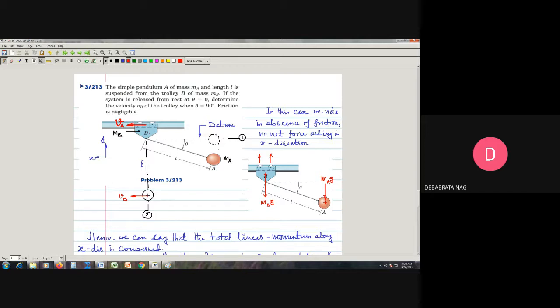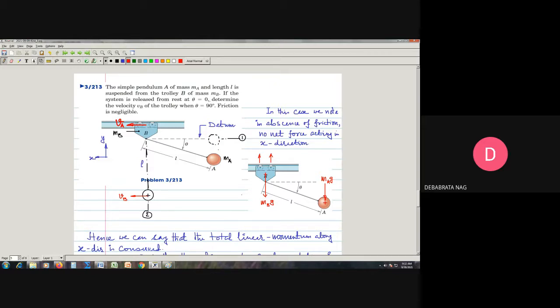The mass of the bob of the pendulum is mentioned to be equal to ma. Now it is saying that the system is released from the condition of rest at theta equal to 0 position, that means when this pendulum was at the horizontal position as marked by position 1 here.